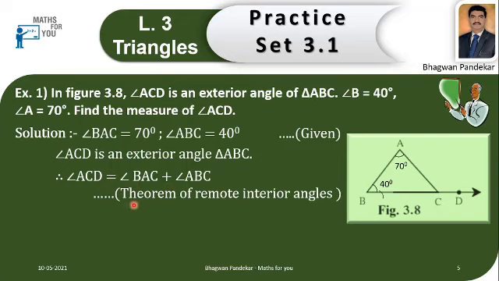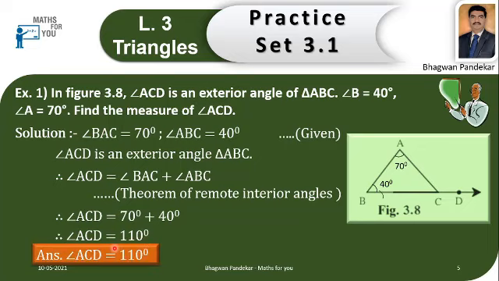Reason is theorem of remote interior angles. Therefore, angle ACD is equal to 70 degrees plus 40 degrees. So angle ACD is equal to 110 degrees. So the final answer is angle ACD is equal to 110 degrees.